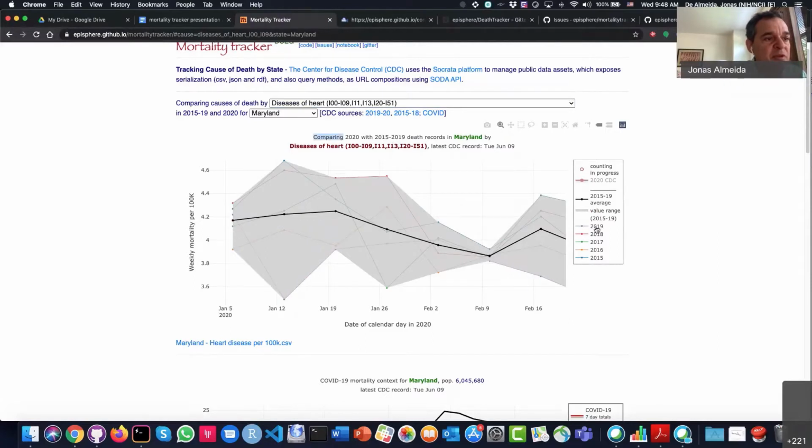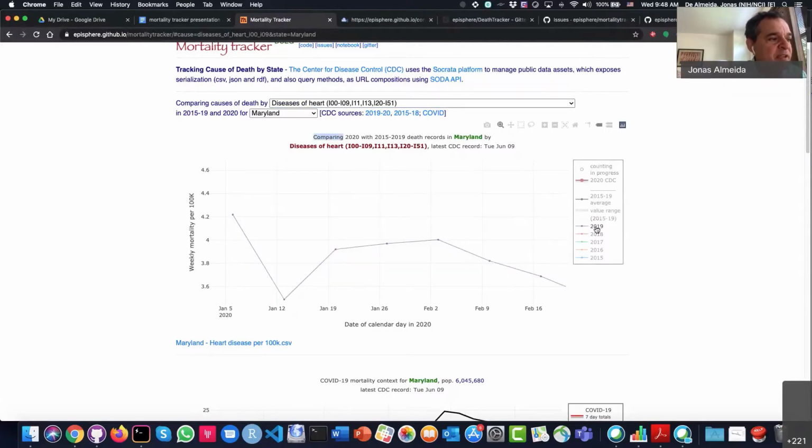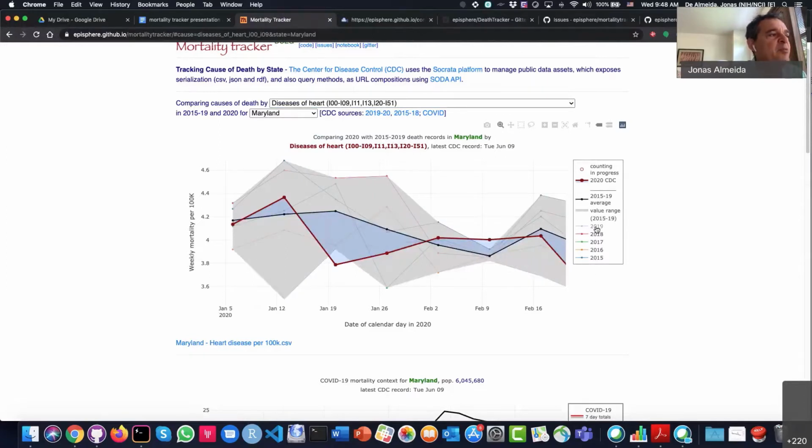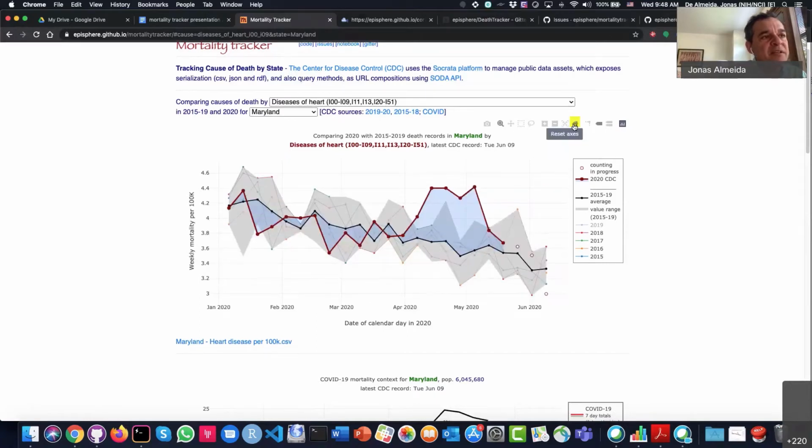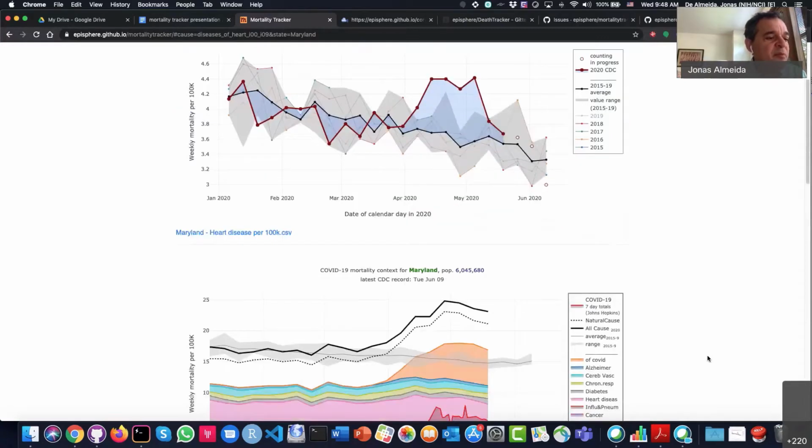If you double click, you get 1 point, double click again, you get all, and then you can put things in and out. If you double click on the panel, you go back to the original plot, which you can also get here. You can also get data directly, just practicality, or one trace, or for all traces. So this idea of immediate interactivity is very important to these tools.